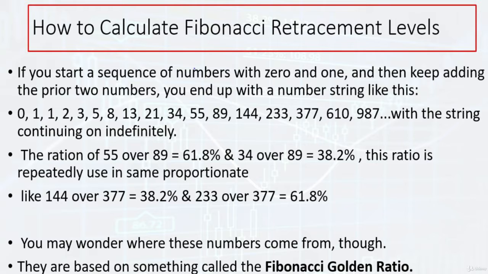For example, the series starts from 0, then 1 plus 0 is 1, plus 1 is 2, plus 1 is 3, plus 2 is 5, plus 3 is 8, and the process goes on to infinity.